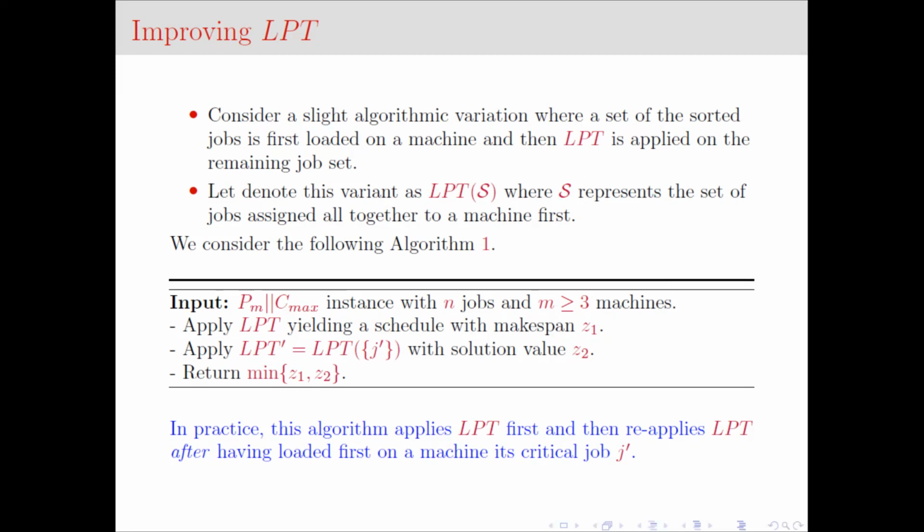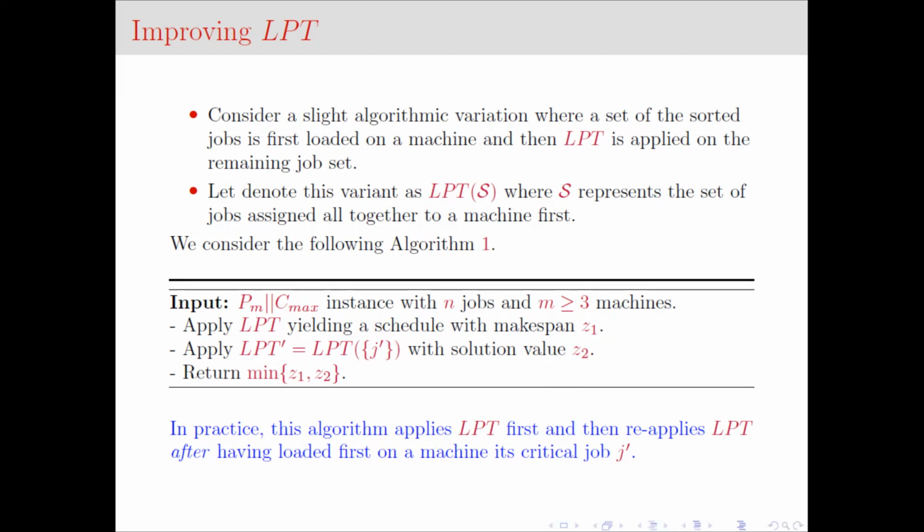And that's it. So formally speaking, we consider the variant LPT of S, where capital S represents the set of jobs assigned altogether to a machine first. And what we do is, we do it with the smallest job. We do it with the critical job.